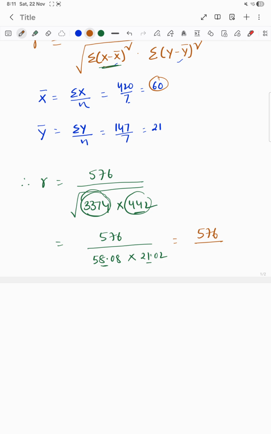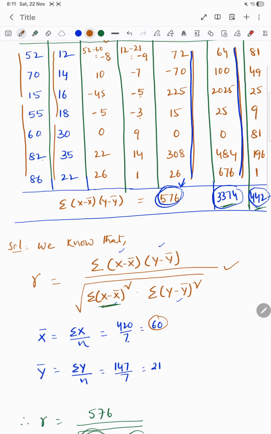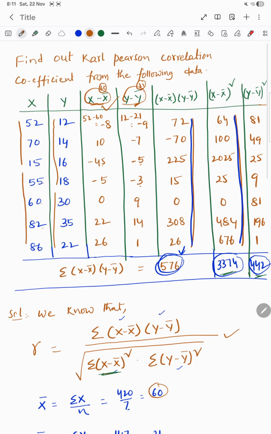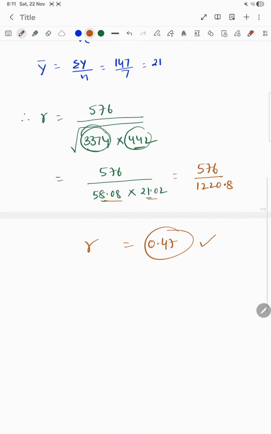If you multiply these two, we will get 1220.8. Now in the calculator take 576 divided by 1220.8. This is 0.47. So the correlation coefficient between these x comma y values is 0.47.